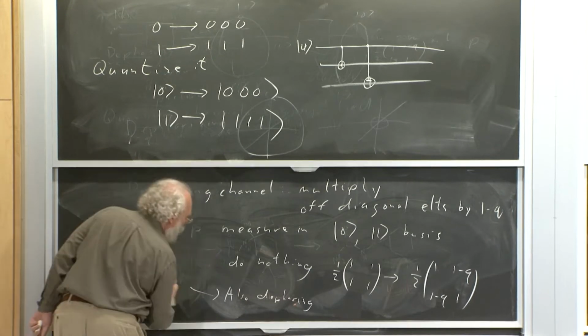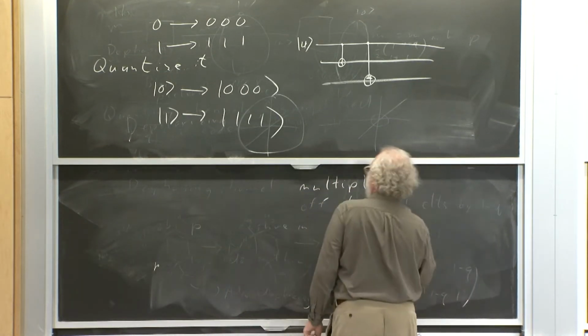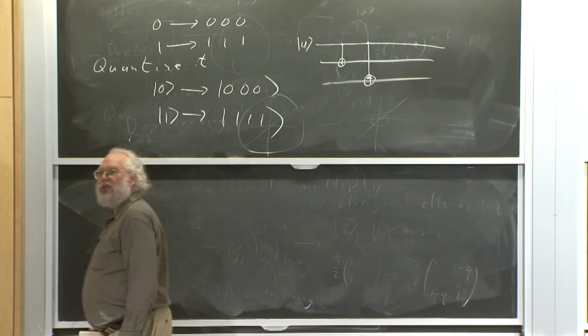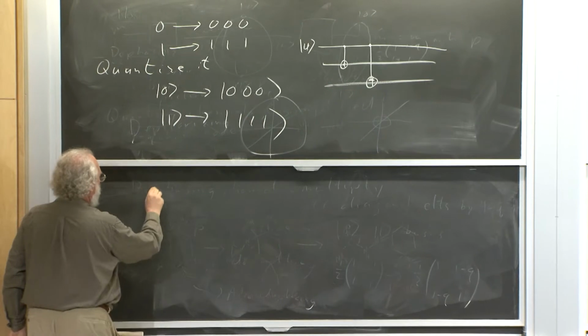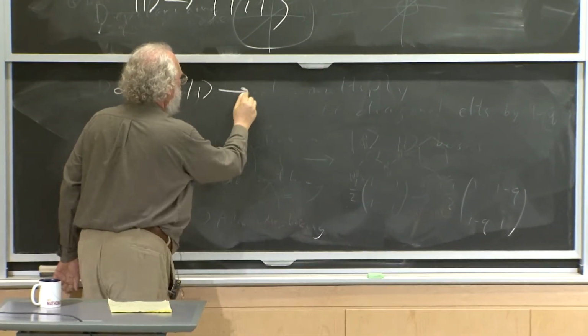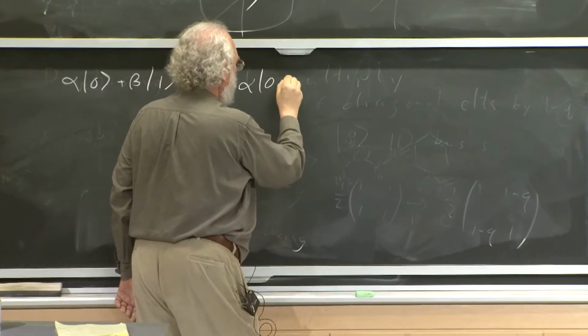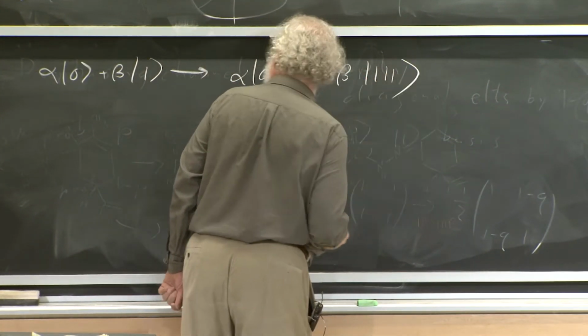So what happens? You already know that this is not quantum cloning, because quantum cloning is impossible. So alpha 0 plus beta 1 goes to alpha 0, 0, 0 plus beta 1, 1, 1.